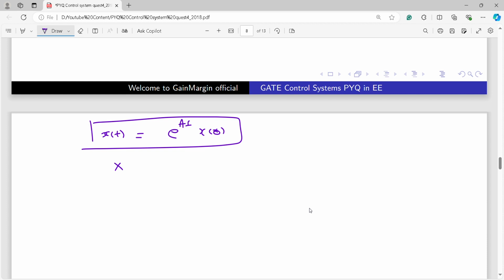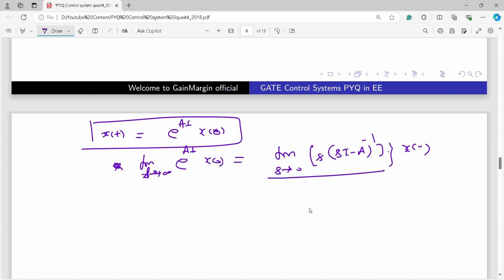And one more thing, if you write it in the correct way, t tends to infinity, and we are doing e to the power At in x0. Here we can also say s times (sI minus A) inverse into x0.